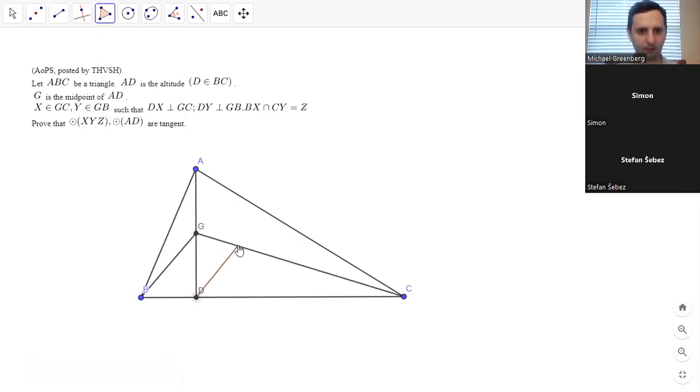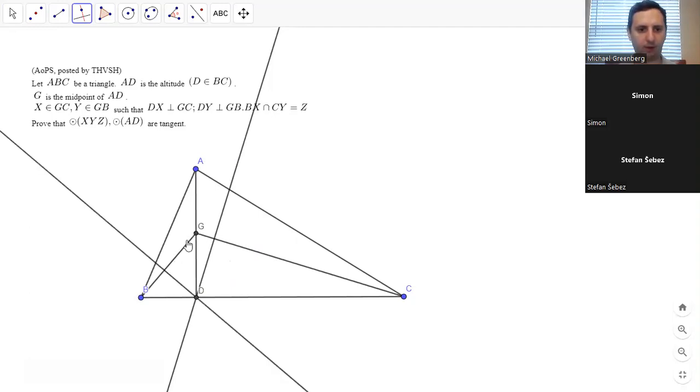So DX, whoops, didn't mean to do that. DX is perpendicular to GC, and DY is perpendicular to GB. So obviously this is a cyclic quadrilateral.